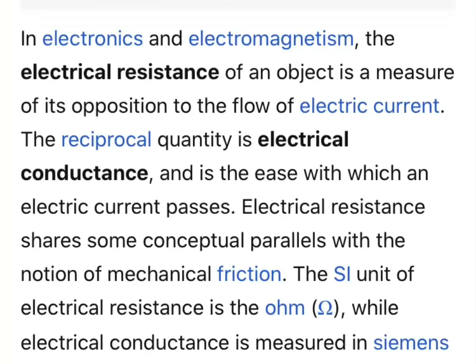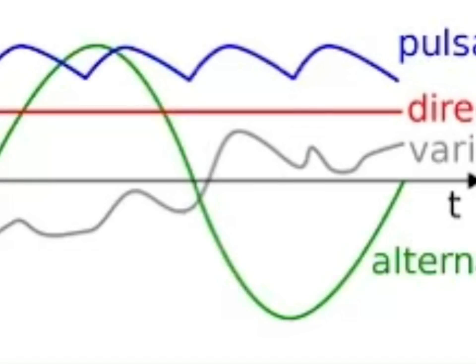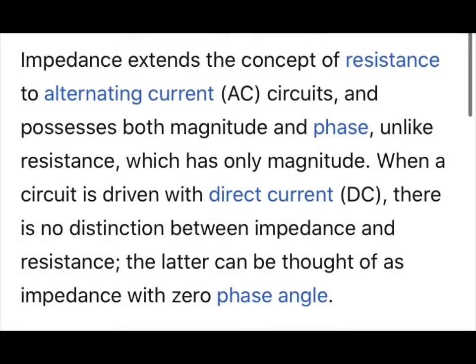In electrical theory, resistance exists as both matter's resistance to flow from one electrode to another, and it also exists in matter's restriction to flow in a circuit, and that's known as impedance in an AC circuit.